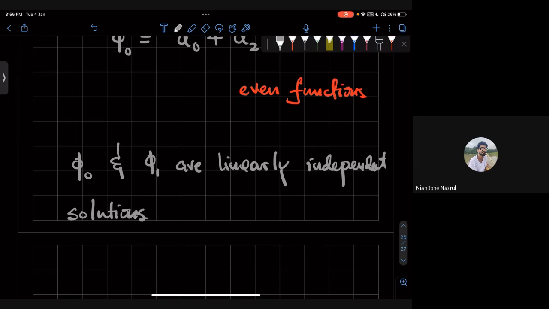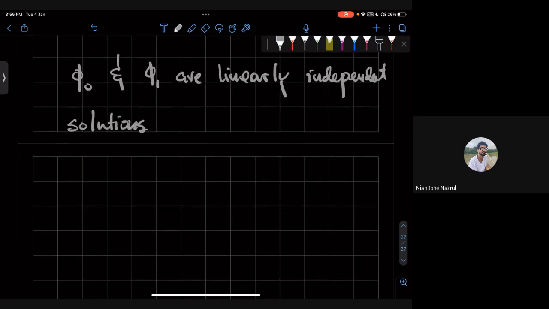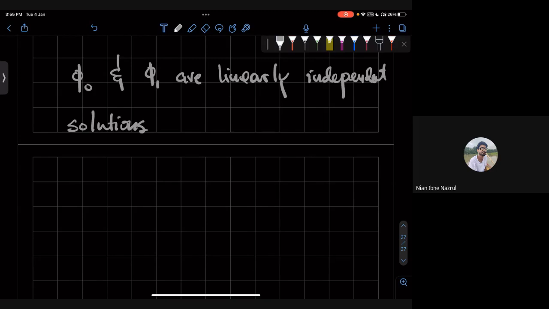All right. So next we are going to find, by examining this series, the quantization of energy.